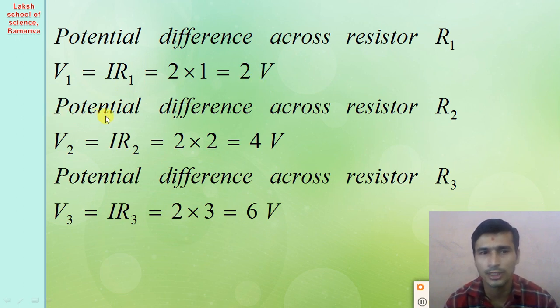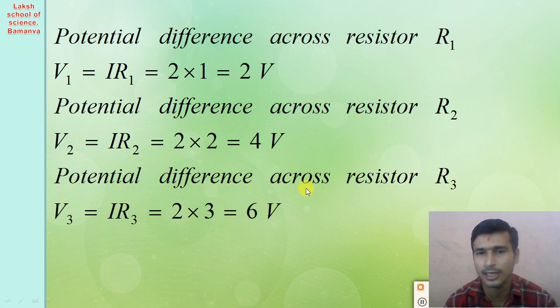Similarly, the potential difference across the resistor R2, V2, is equal to I into R2. Current passing through the circuit I is 2 ampere into resistance R2 of 2 ohm. So we get the potential difference of 4 volt.